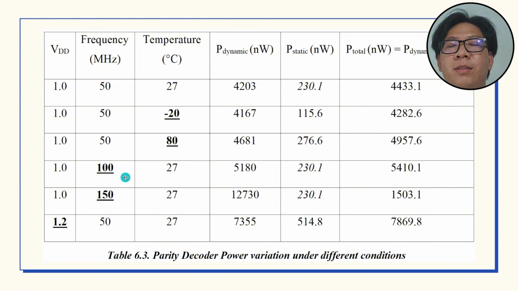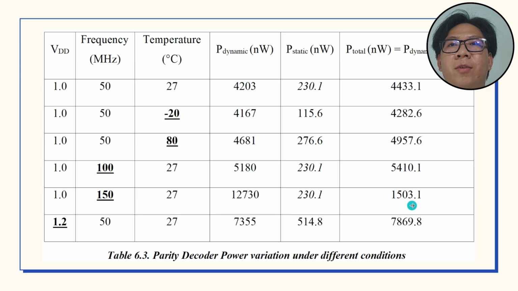Also, moving on to the frequency, we can see at 100 megahertz, the total power is 5410.1 nanowatts. But at 115 megahertz, the total power goes down to 1503.1 nanowatts.